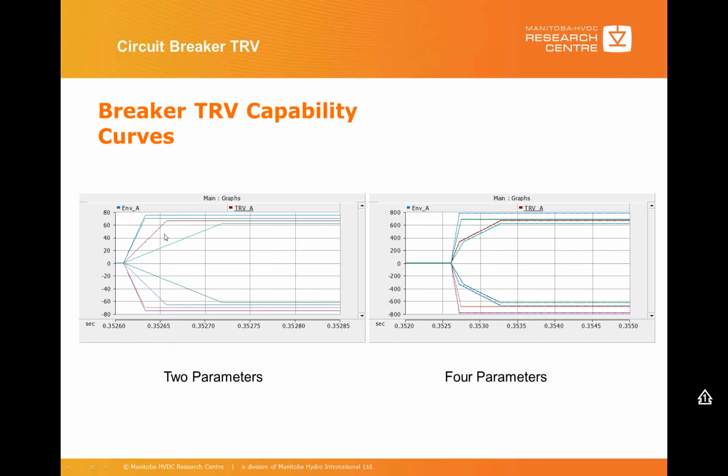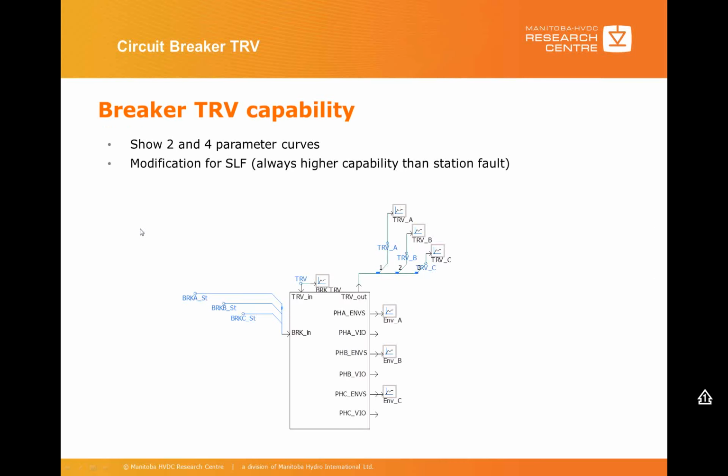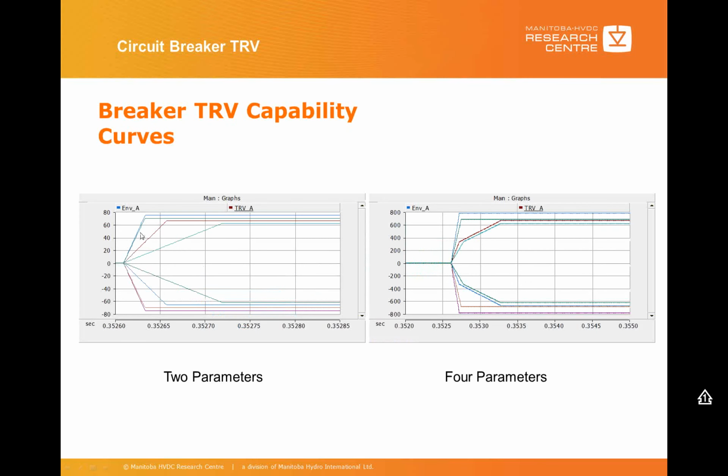Basically, you have to plot your TRV with these capability curves and see whether it's violating a particular fault current percentage level. For example, the inner curve is the 100% curve. Then you have the 60% curve, 30% curve, and last is the 10% curve.